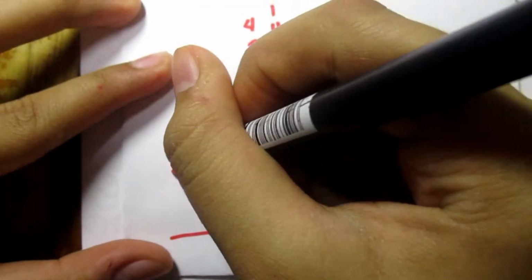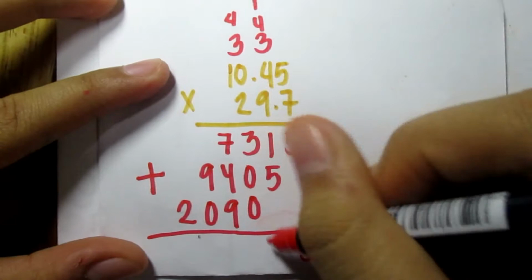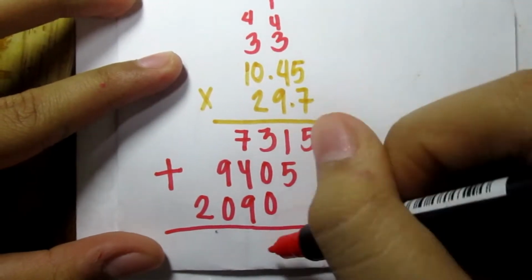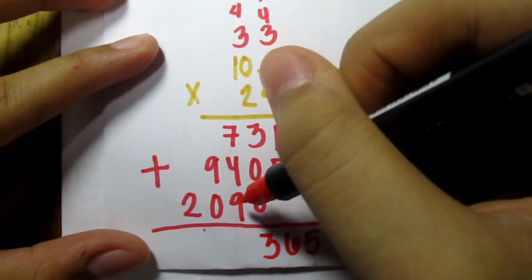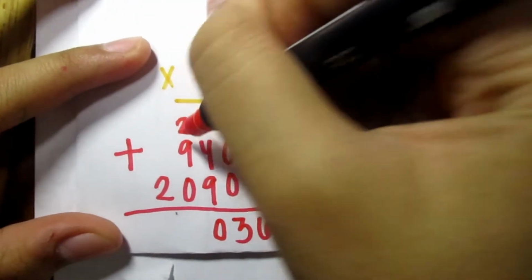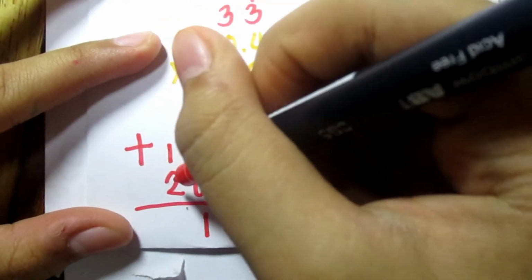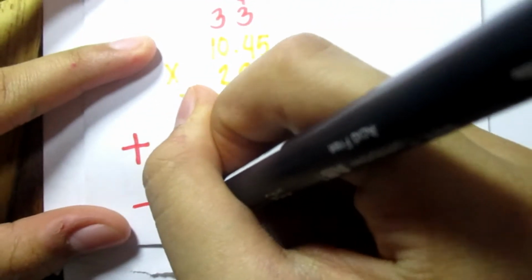So you just need to add them. 5 plus 1 equals 6. 3. 9 plus 7 plus 4 equals 20. 9 plus 2 equals 11. 2 plus 1 equals 3.